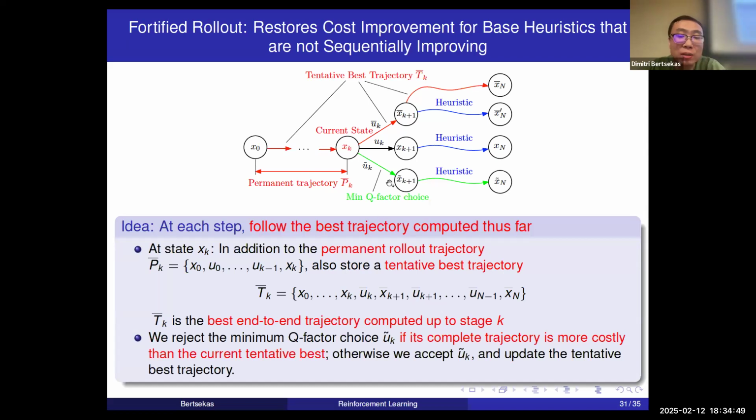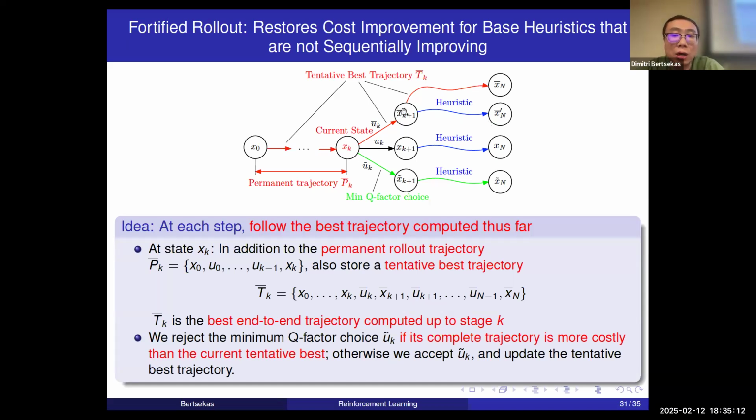Now, what happens is that in the rollout, at this point, we evaluate all the possible feasible controls, and starting from all corresponding next states, we run the base heuristic and compute the corresponding Q factors.